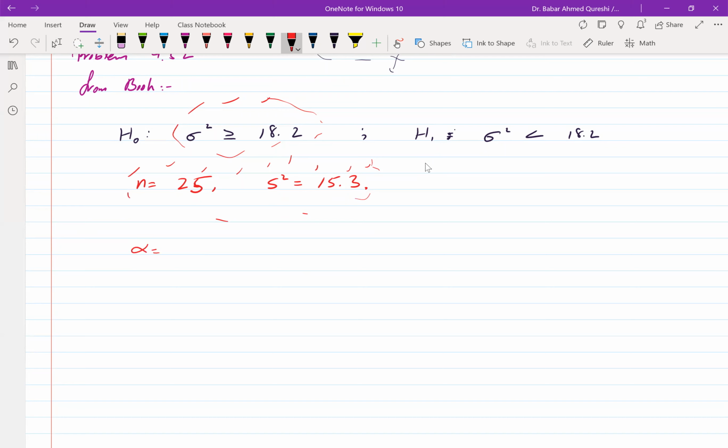Well, this time let's not even do 0.05. We have some evidence here that the variance is probably decreasing. So let's just compute the p-value for this evidence.